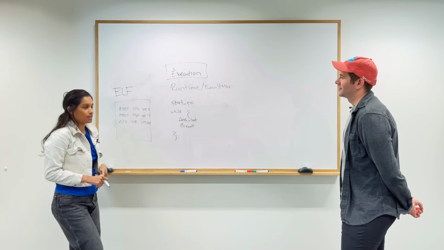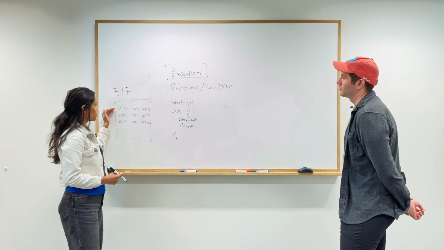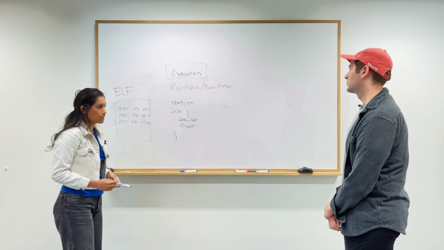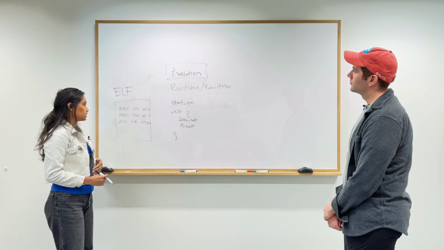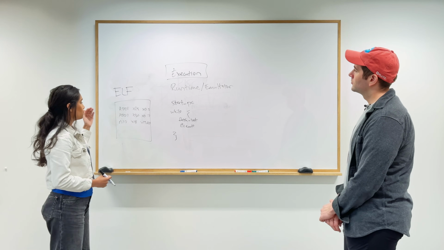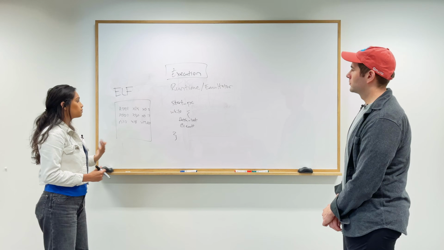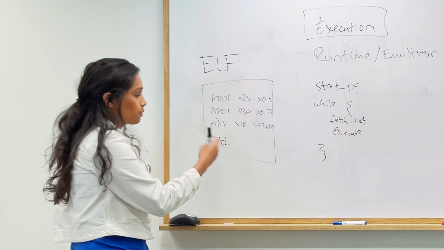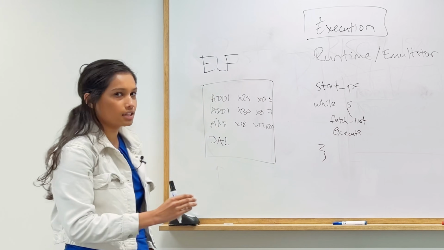So you might ask, given a particular opcode or instruction that I'm executing, how do I figure out what the next instruction to execute is? Typically, for example, for add instructions, you just increment the program counter and execute the next instruction. But sometimes there's things like jump. For example, the JAL opcode stands for jump and link.